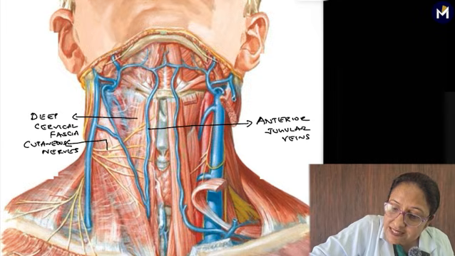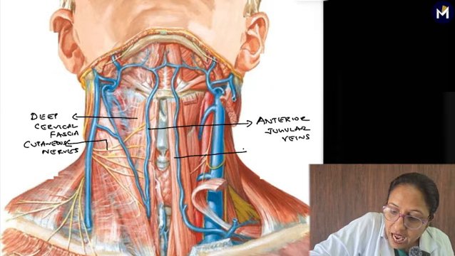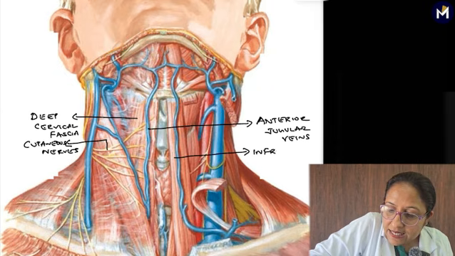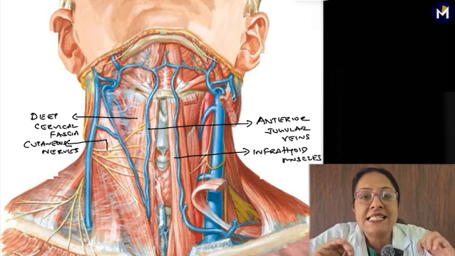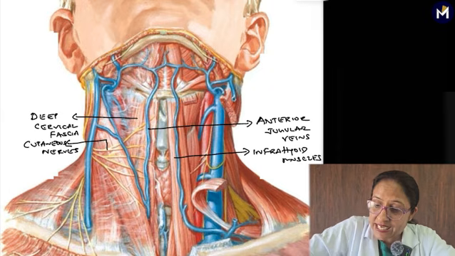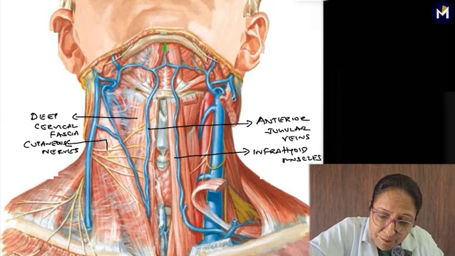So these muscles are infra-hyoid muscles. Once these muscles are exposed, then we'll be able to see the midline structures very clearly from your symphysis menti till the jugular notch.